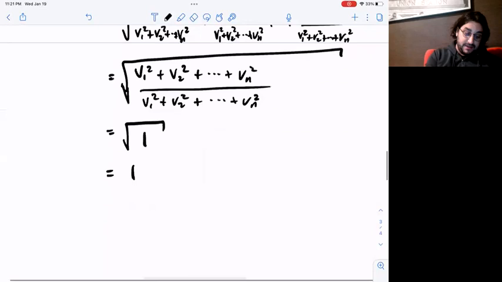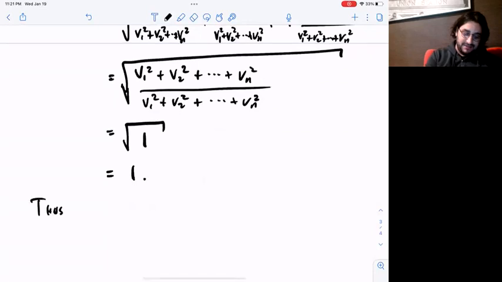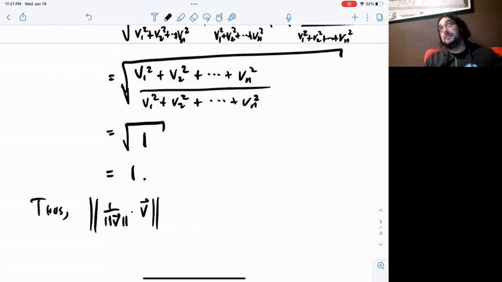Thus, a vector divided by its own magnitude, or multiplied by 1 over its own magnitude, becomes a unit vector, a vector of magnitude 1, as long as the vector you started with wasn't the zero vector in the first place.